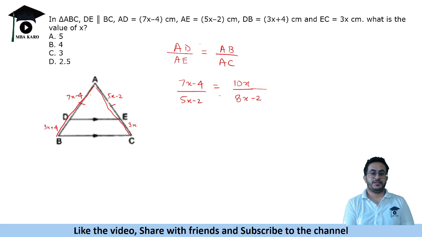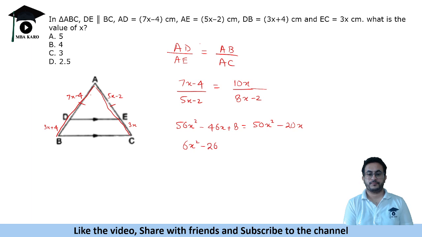So if we see this, this is 56x square minus 32 minus 14. X square minus 26x.